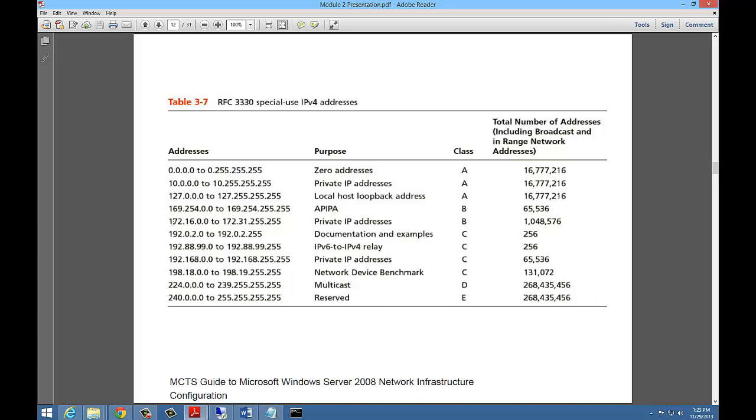Anything that starts with 172.16 through 172.31 is another block of private addresses, and 192.168 is private. There's also an IP version 6 to IPv4 relay, which is used when you're trying to convert addresses from 6 to 4. So that's some of the different blocks of IP addresses that you know ahead of time cannot be used as public IP addresses.